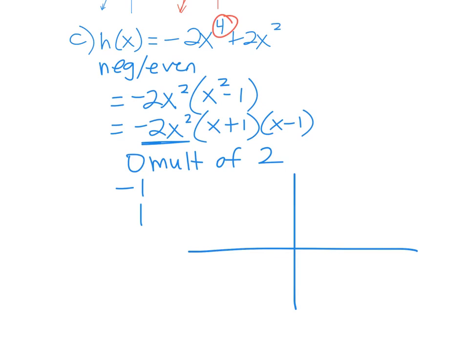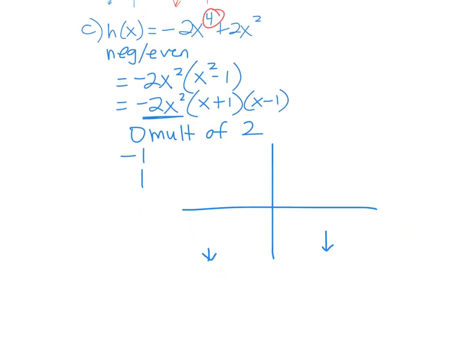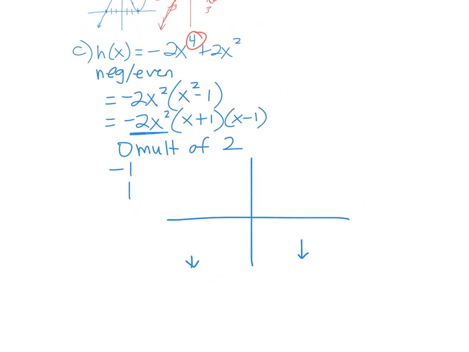Okay? All right, so down, down. Even, negative. Even degree, negative leading coefficient. And now let's plot our zeros. We have -1, 0, and +1. Okay? So here we go. -1 and +1 are linear.